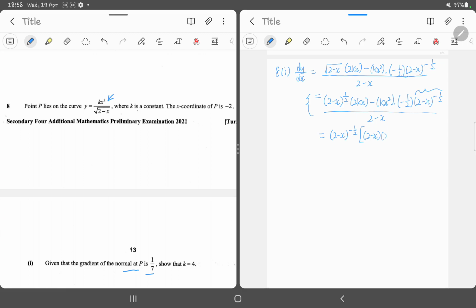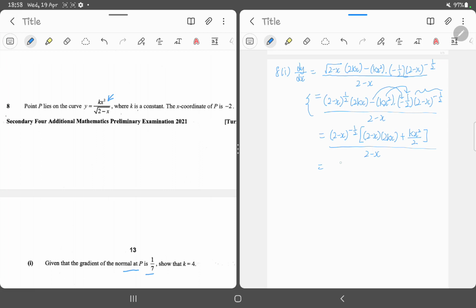So this will be 2kx, and then we have our plus kx squared over 2, because minus times minus is plus, kx squared times 1 over 2 is kx squared over 2. So this is over 2 minus x. Now we're going to bring down this 2 minus x whole thing to the power of minus 1 over 2 below to the denominator.